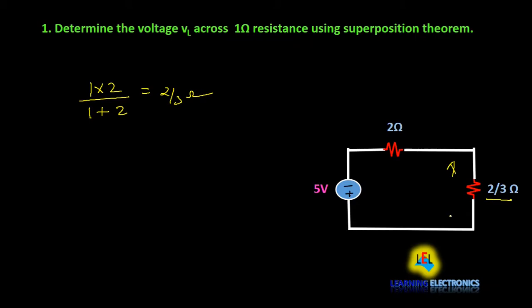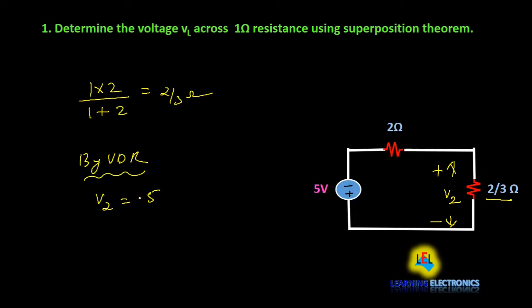We have to find out the voltage across this 2 by 3 ohm resistance, that is V2. By voltage divider rule we can find out this V2. V2 will be equal to total voltage, that is 5 volt. Now we can see that the polarity of this 5 volt is opposite to that of this V2 voltage.